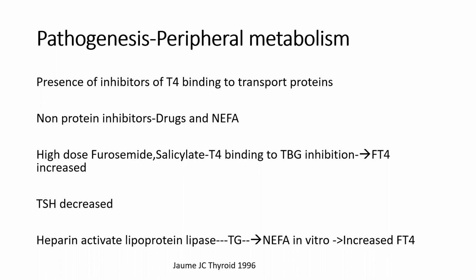It will activate lipoprotein lipase. Lipoprotein lipase will degrade triglyceride into non-esterified fatty acid. Non-esterified fatty acid inhibits the binding of T4 to thyroid binding globulin, so it will increase the free T4 and inhibit the TSH. So the hormone formation is suppressed due to these drugs. These are other mechanisms for the reduced formation of thyroid hormones.